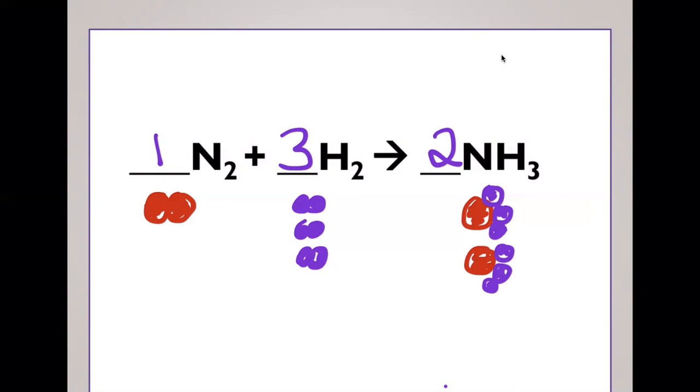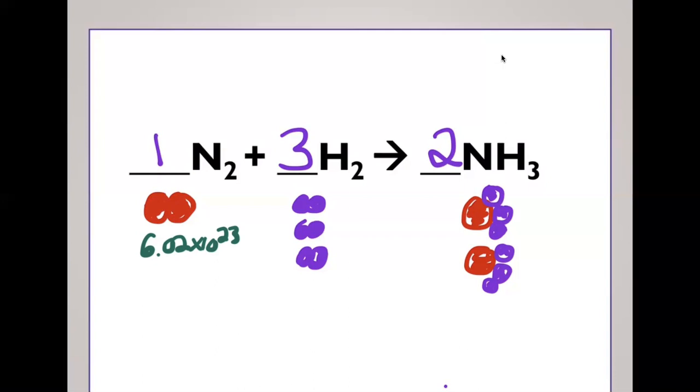So really, we assume that this means 6.02 times 10 to the 23rd, that we have 3 times 6.02 times 10 to the 23rd here, and 2 times 6.02 times 10 to the 23rd molecules of each of these. It's still counting, but it's counting on a number that is more accurate for what is happening, but still easy enough for us to understand.